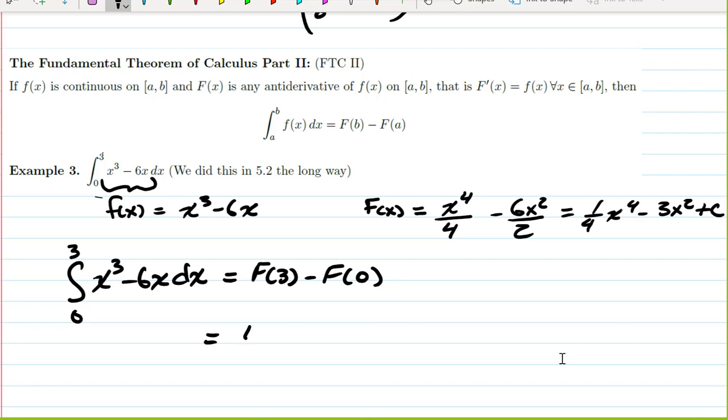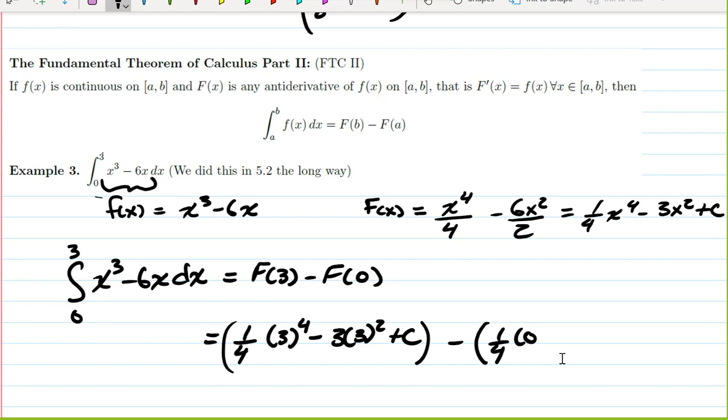Well, F of 3 is going to be 1/4 times 3 to the 4th power minus 3 times 3 squared plus c, minus F of 0, which is 1/4 times 0 to the 4th minus 3 times 0 squared plus c.